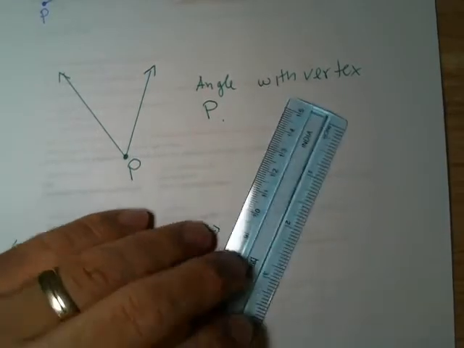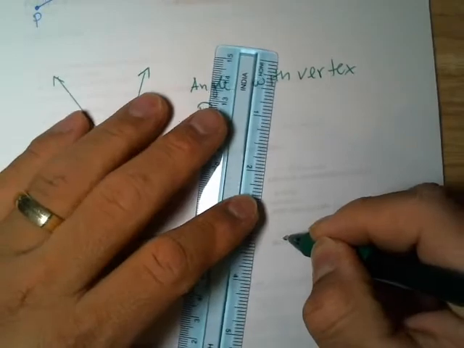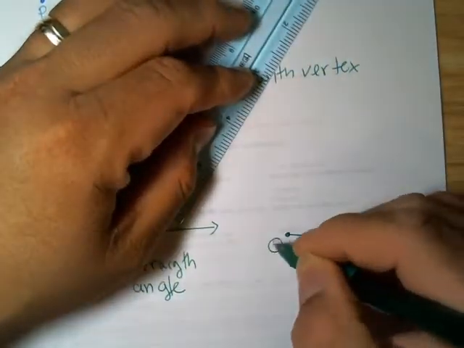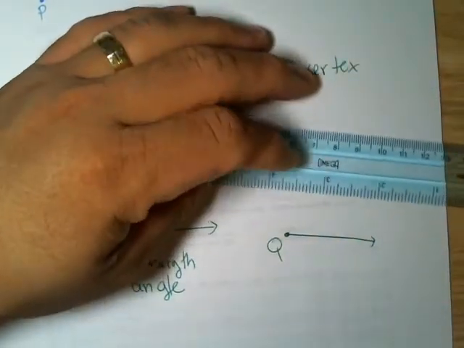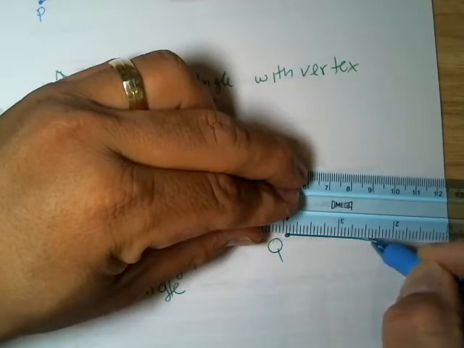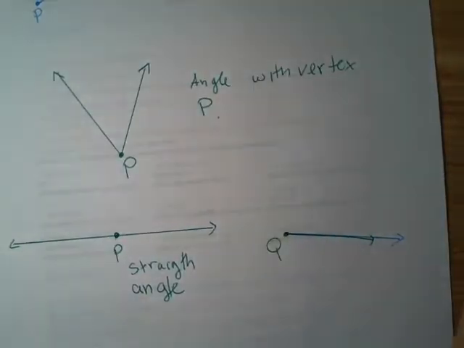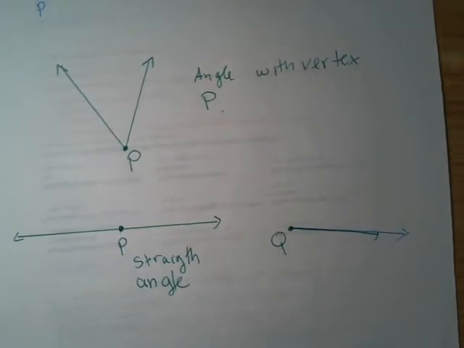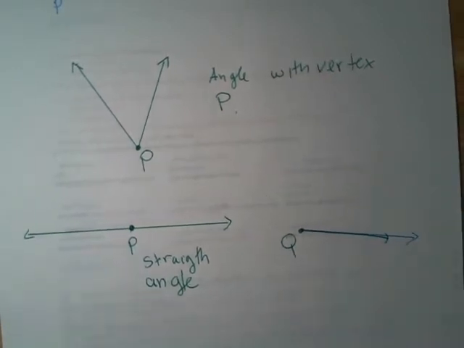And then the other extreme is if we had two rays that were overlapping each other. Let's call this Q just to switch up our letters. Say we had another ray just on top of it, almost like it's no angle at all.